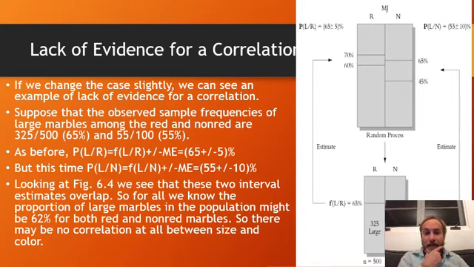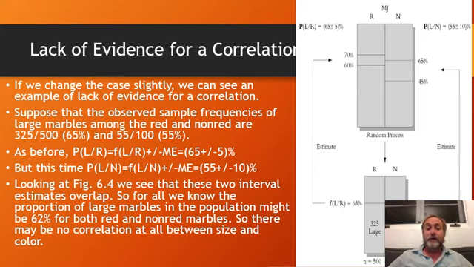Okay, now let's change the case slightly and show an example of lack of evidence for correlation. So suppose that instead, the sample frequencies that we observed of large marbles among the red and non-red were 325 out of 500 reds, right, were large, 65%.